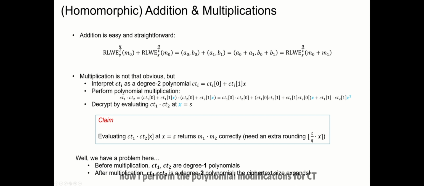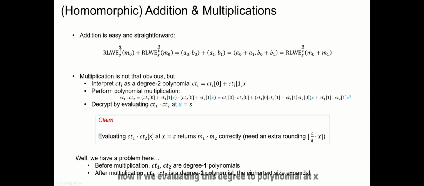Now I perform the polynomial multiplication for CT1 and CT2, and it returns me a degree 2 polynomial as CT1,0 times CT2,0 plus the cross term times x plus CT1,1 times CT2,1 times x squared.